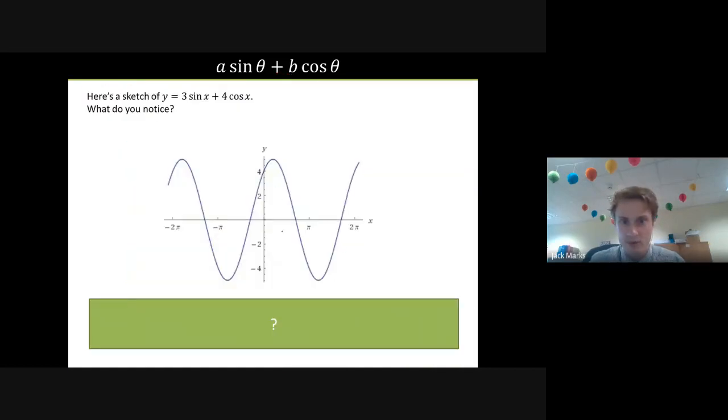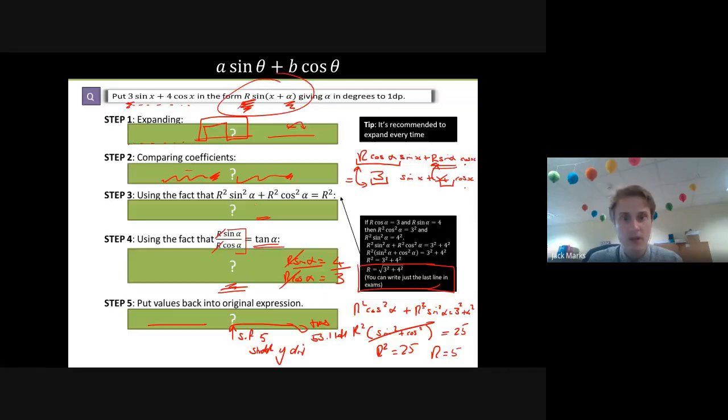Okay, you'll see that in fact is exactly what's happened. So we can take something that is two separate trig functions being added or subtracted together, and we can rewrite it into one if we're dealing with sine and cos.